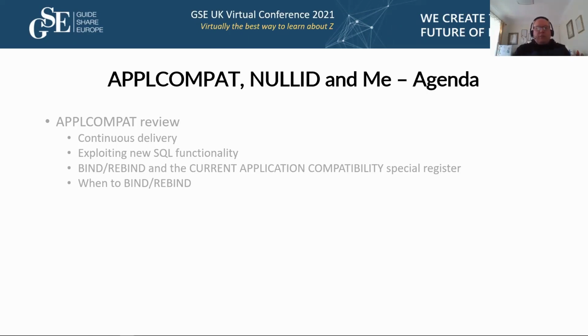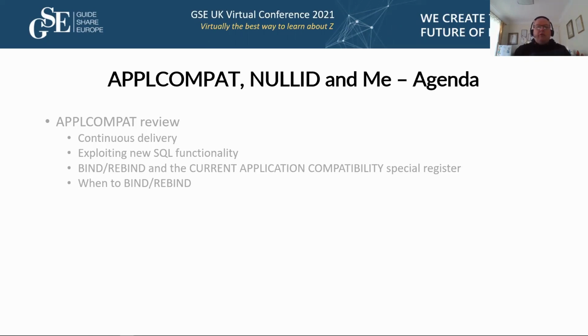Question for probably Rob. We might cover this later, I'm not sure. You've not yet talked about regression from function levels. So the scenario is, if I've activated 501, done a bind because someone wants to use the LISTAGG function with APPLCOMPAT V12R1M501 in the bind cards, and we decide we need to fall back to M500*.